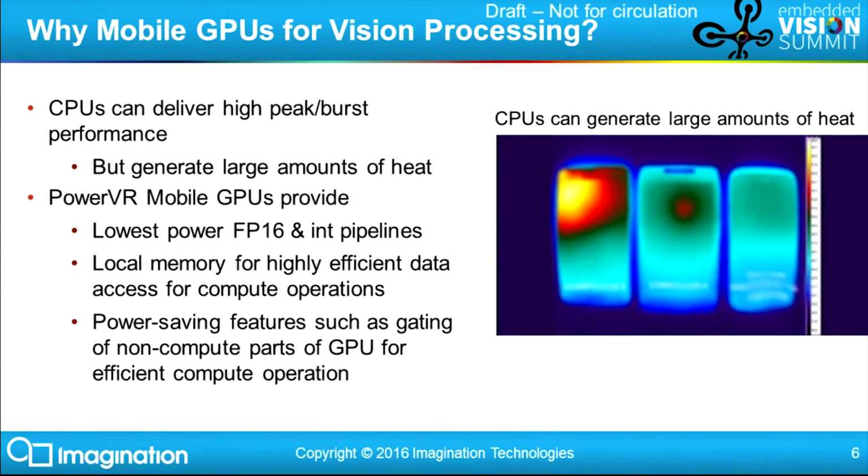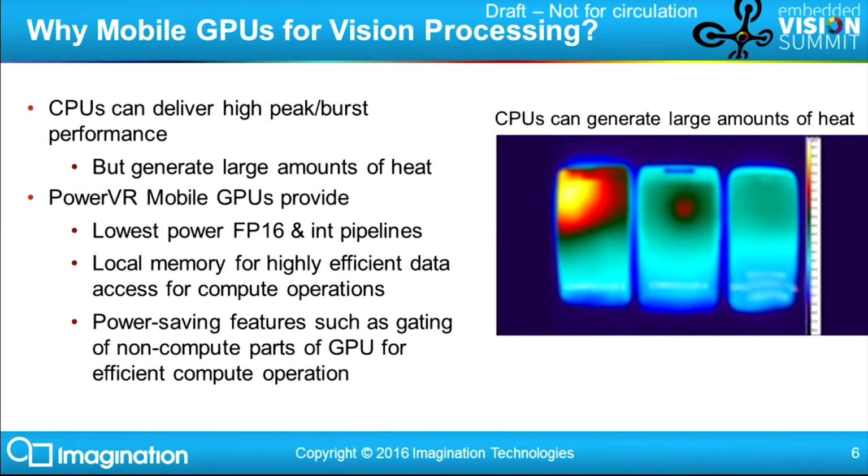So why should people consider using a mobile GPU for vision processing? Well, mobile CPUs can provide high peak performance, but can also generate significant amounts of heat. With PowerVR GPUs, we focus on providing very efficient use of resources. So we have low power, half precision, and also integer support. Our GPUs have local memory for very efficient data accesses for compute operations, and we also have the ability to power down parts of the GPU that are dedicated to graphics.